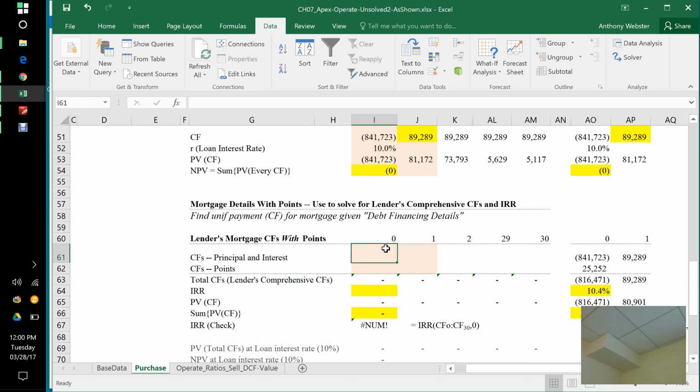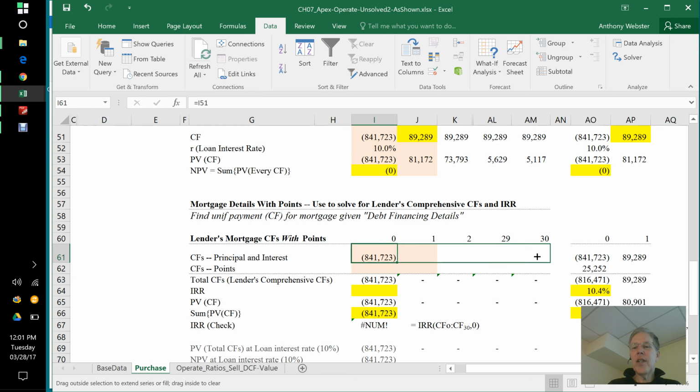Going forward, we're not going to have everything spoon-fed for you all set up, so you'll have to figure this out yourself like you had to in the little in-class test that we had. So this is the way I did it. The cash flows for the lender, principal and interest, are equal to what we've got up here, where we didn't consider any fees.